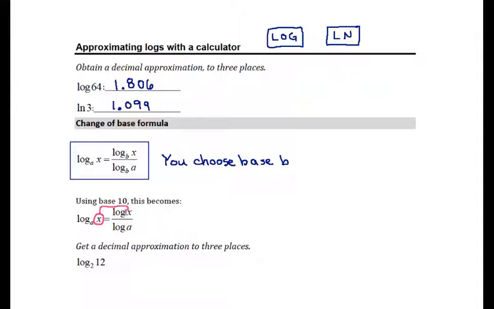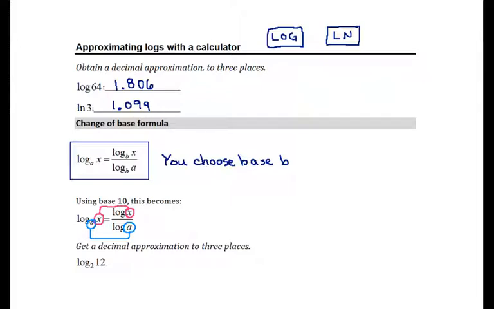The x, which starts out a little bit higher in log to base A of x, ends up in the numerator, and the base A, which starts out a little bit lower in our log expression, ends up in the denominator. We take log of A. These are both logs to base 10.